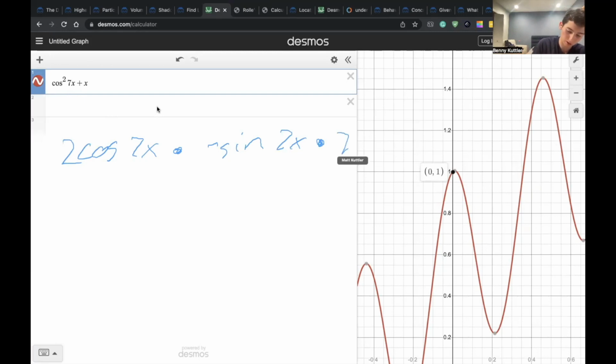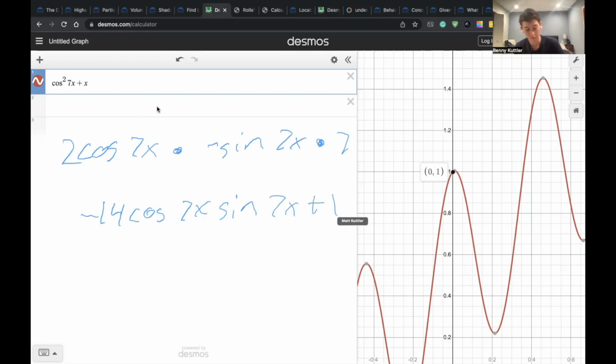If we combine this all, we get negative 14 cosine 7x sine 7x. And then the derivative of x is just 1, so plus 1. And now we're looking for this at x equals 0. The way to do this is you essentially find the tangent line, and then you use that tangent line as an approximation of the value at 0.5 in this case, but it'll make more sense once we do a problem.